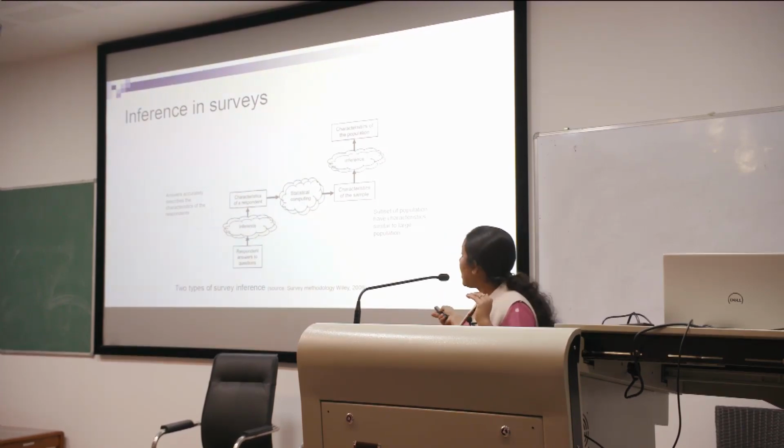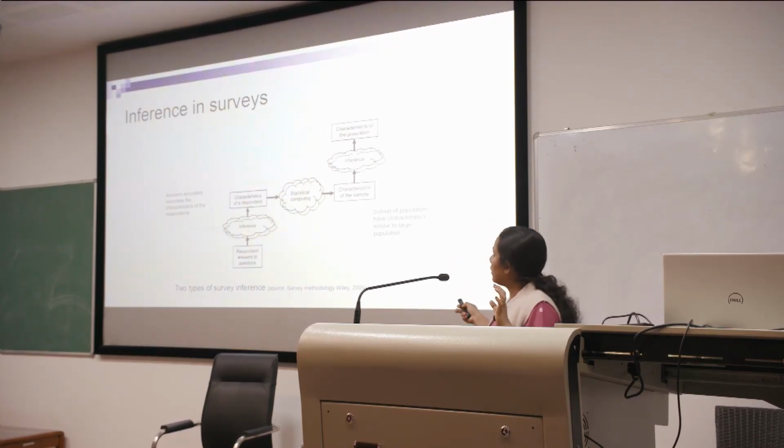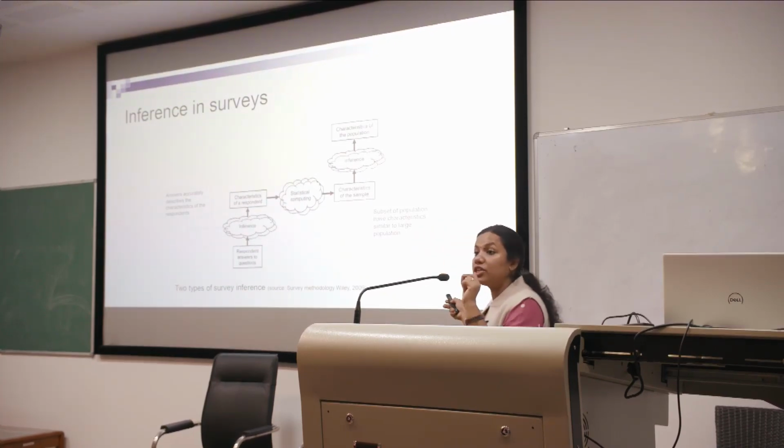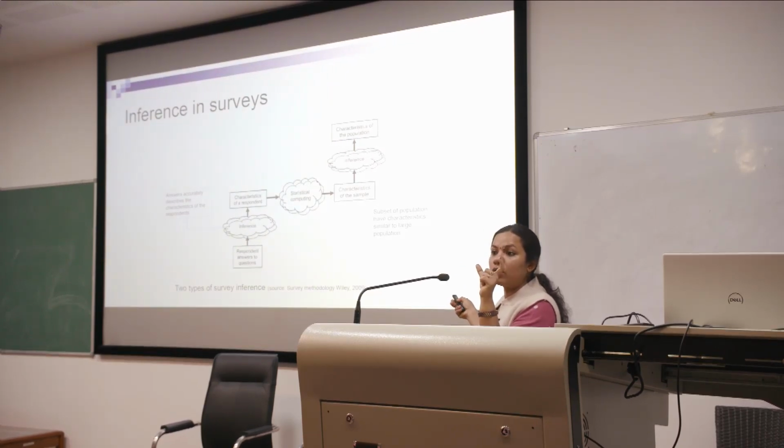When you infer further, about the entire farmers in Karnataka or maybe India, I am not sure which study they are talking about, you are making an inference about the characteristics of the entire population. Population is the target of the problem you are studying. So this will be the characteristics of the population.